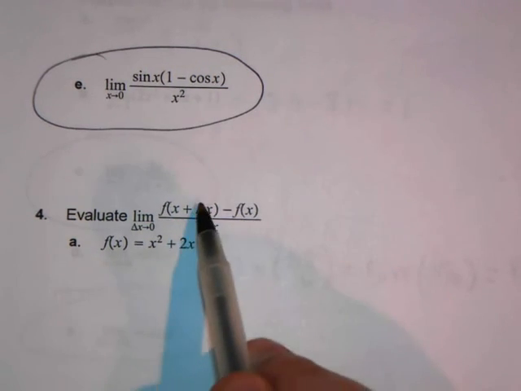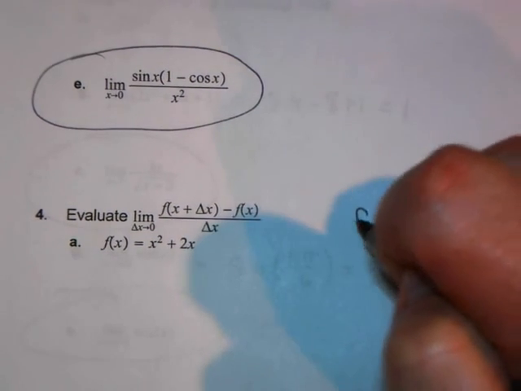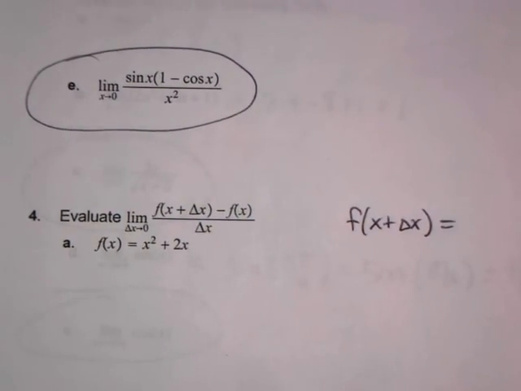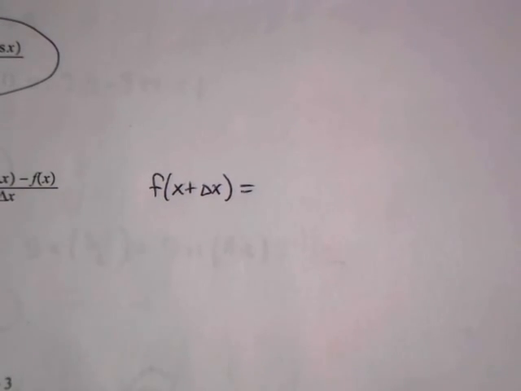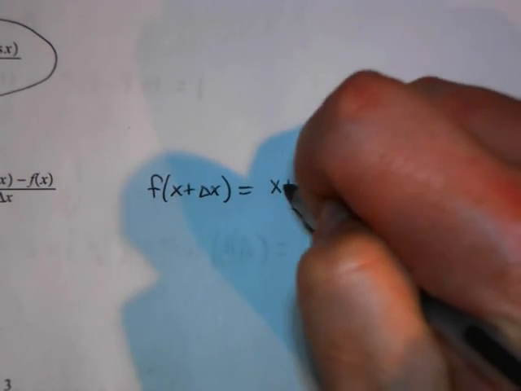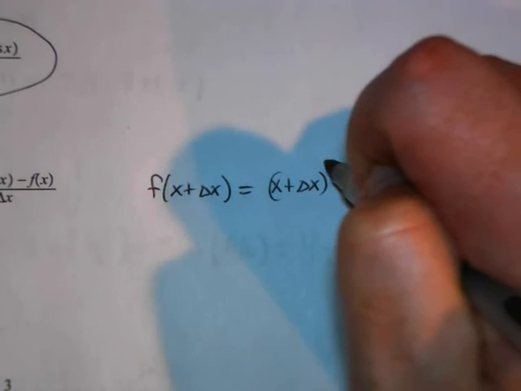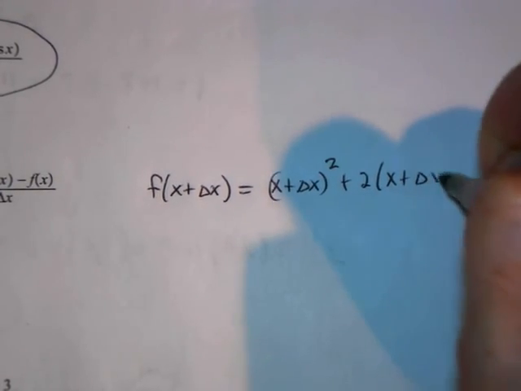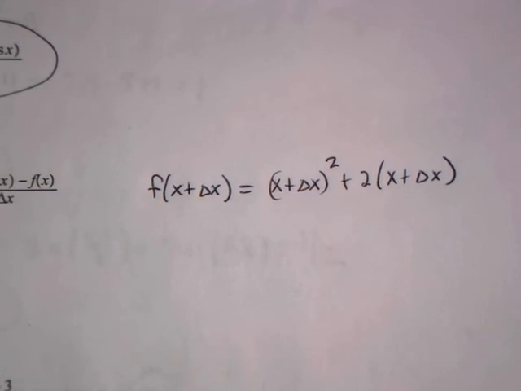Well, this symbol here, f of x plus delta x, means take your function, our function is x squared plus 2x, and wherever you see an x, replace it by x plus delta x. So that's x plus delta x squared plus 2 times x plus delta x. And I'm going to go ahead and FOIL this out and combine like terms as much as I can.